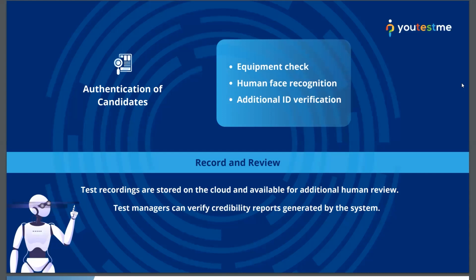So what is an equipment check, and why is that such an important thing in AI proctoring? Equipment check is setting up the whole environment for the exam to be valid and for the security of the exam to be at the maximum level.